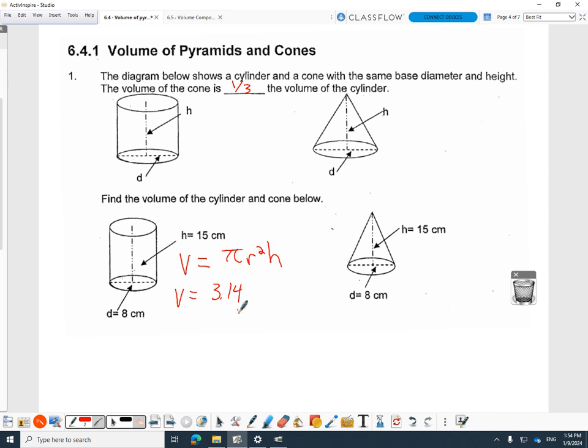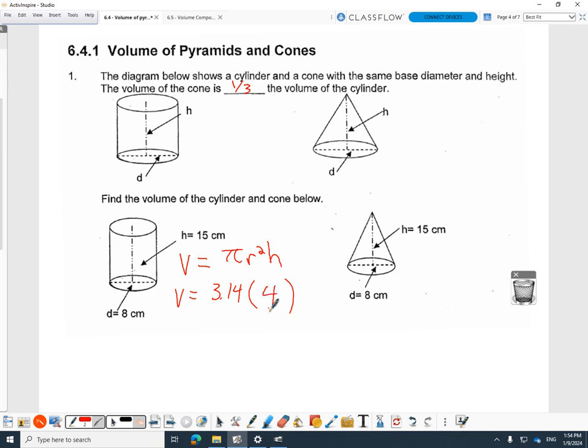Now, the radius. Well, now we need somebody who's paying attention or really knows what's happening, because the radius isn't given in the picture. You need to be able to figure it out from the picture. What is it? 4. The diameter's 8, the radius is 4.